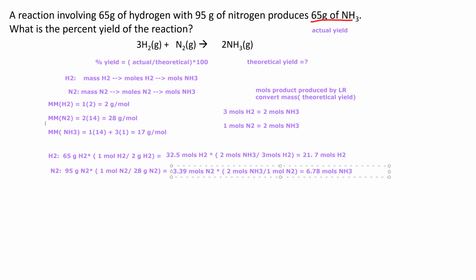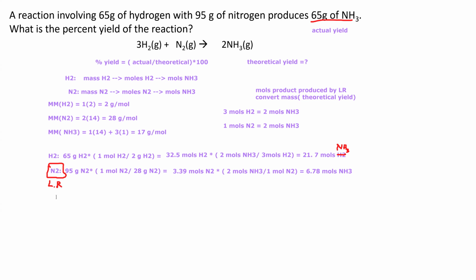And I made a typo here. Let me correct it. This should be moles of NH3 as well. So now we see that we have 21.7 moles of NH3 produced by H2, 6.78 moles of NH3 produced by N2. So in this example, N2 is our limiting reactant because it produces the fewer moles of product.